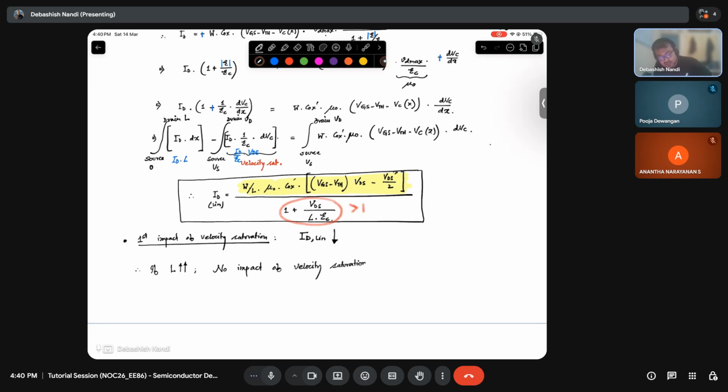If L is very high, this term is almost zero, then it is going back to the original equation. For long channel devices, that is why there is no velocity saturation. Fine. Next observation.